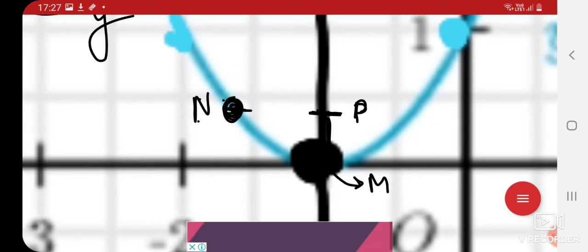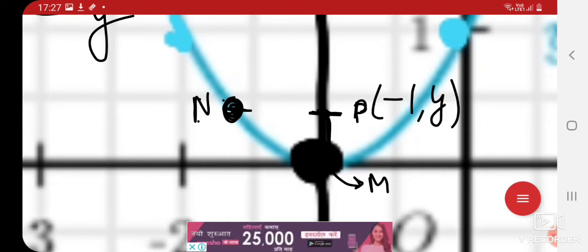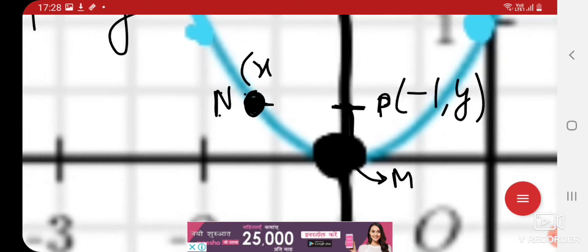Let's suppose this point, what was this point? This point was minus 1 comma y. What this point will be, we don't know our x coordinate here. We know that the point which lies on this quadratic equation will of course satisfy it, right?